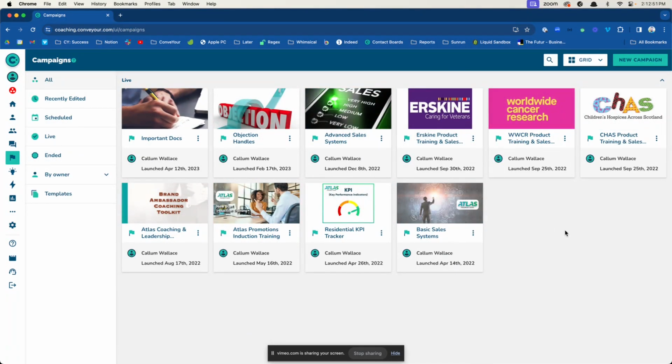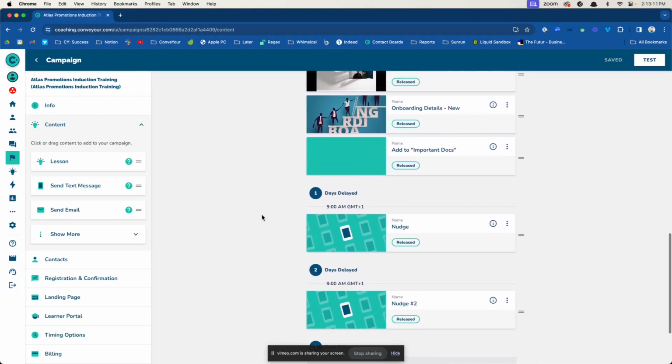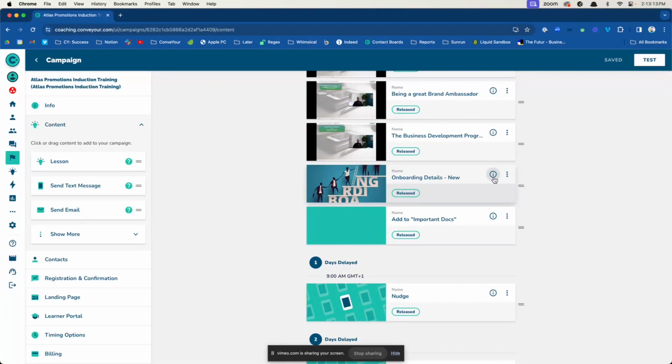When they first onboard people, they have Atlas Promotions Induction Training. That's the name of the company. They go through induction training, and after that, they will move to other systems they have. So they get introduced, and at the very end of this, the people are added to the important documents.